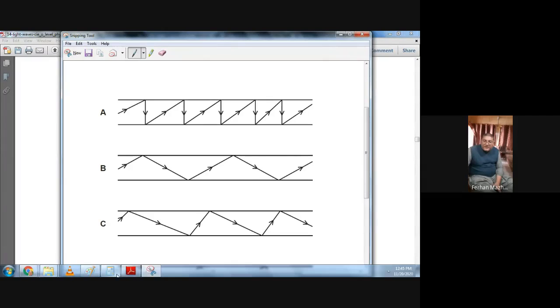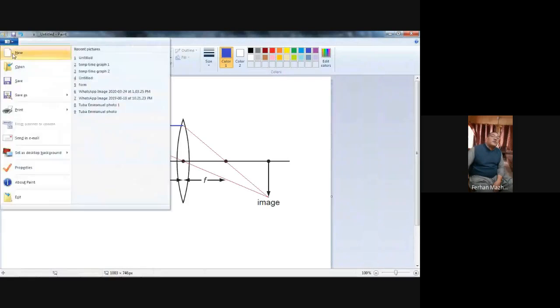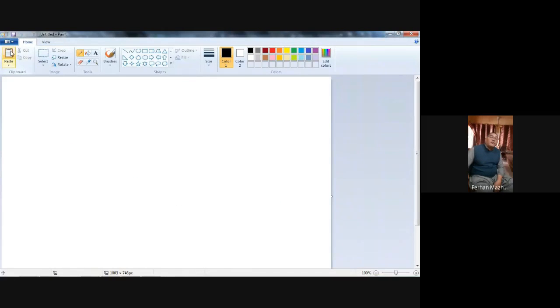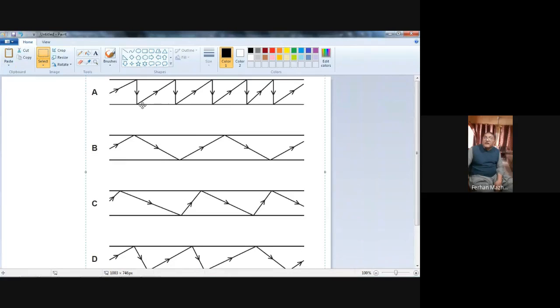Let's paint it in Paint. Here. So I will draw a normal, a blue color normal.